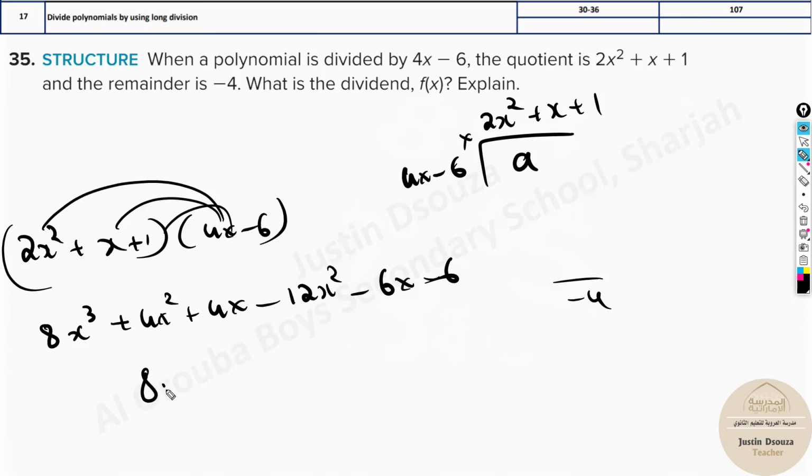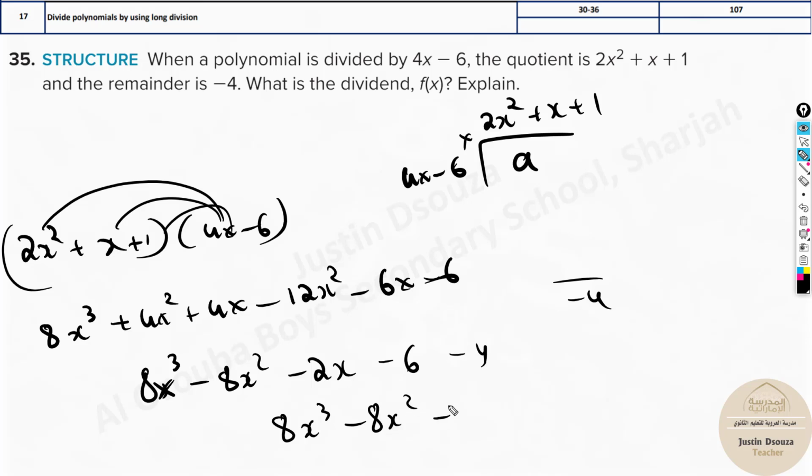Now simplify this: 8x cubed, then over here minus 8x squared, and lastly we have minus 2x and over here it is minus 6. Now add the remainder, minus 4. The answer will be 8x cubed minus 8x squared minus 2x minus 6 minus 4, which is minus 10. This is the final answer.